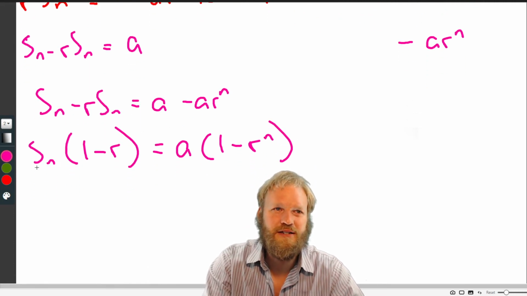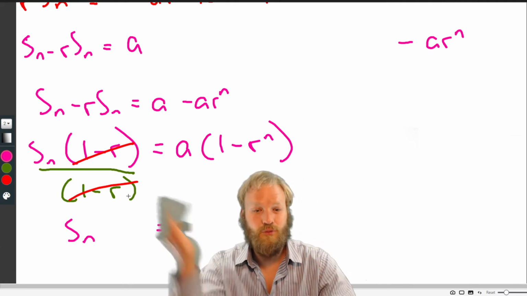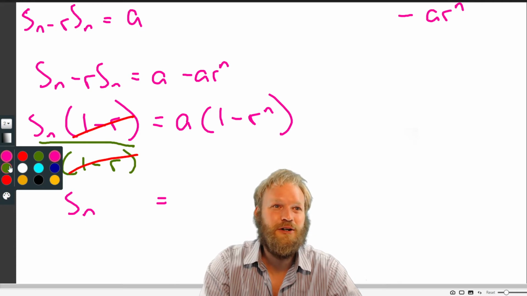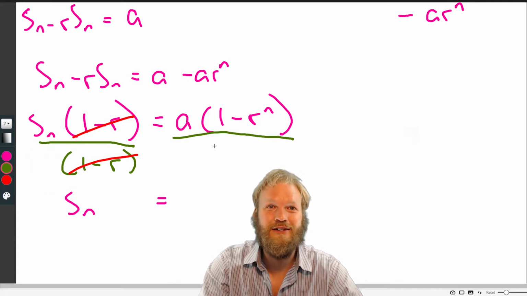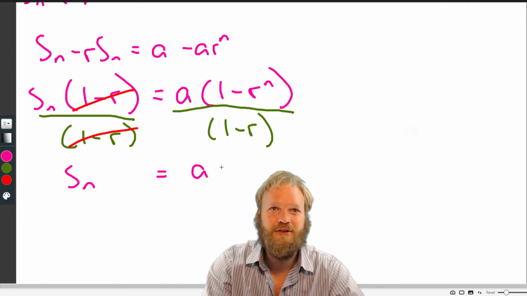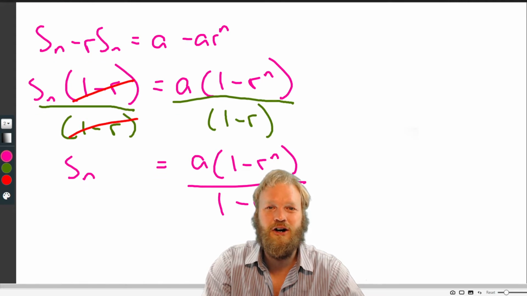But we wanted Sn, so let's divide by 1 minus r so that we can cancel it and just have Sn. What we do on one side, we do on the other. So Sn equals a(1 minus r^n) over 1 minus r.